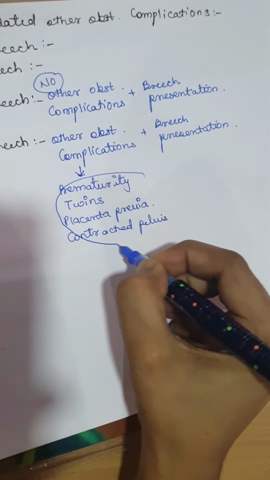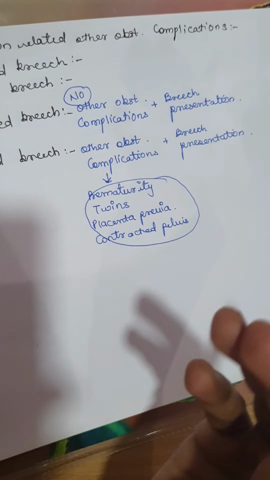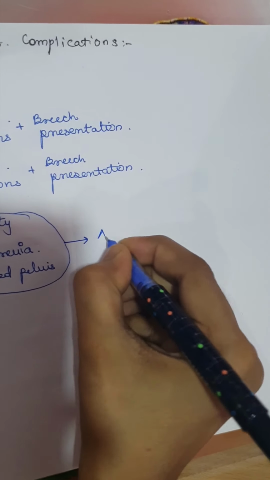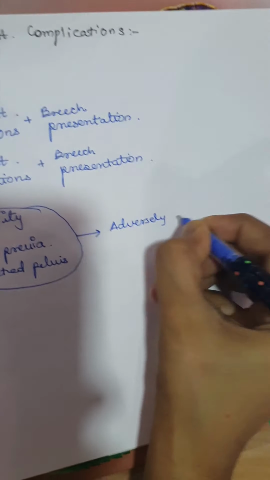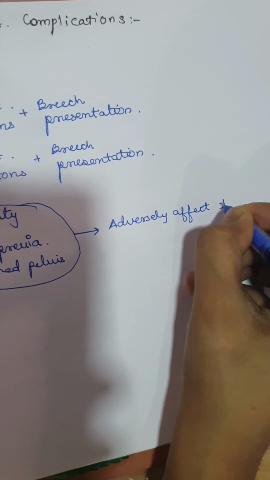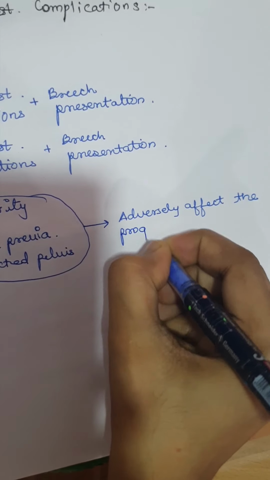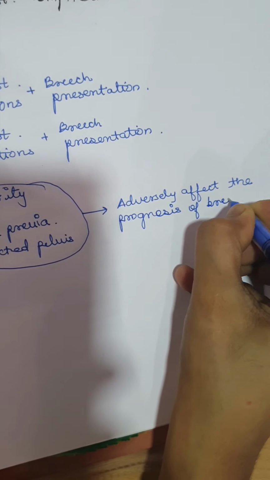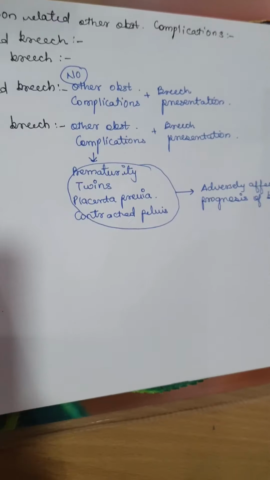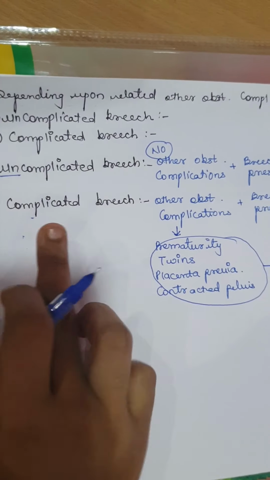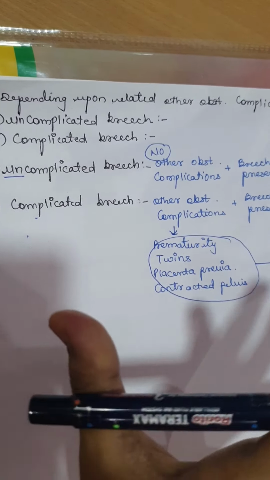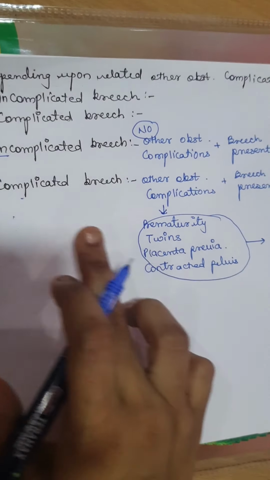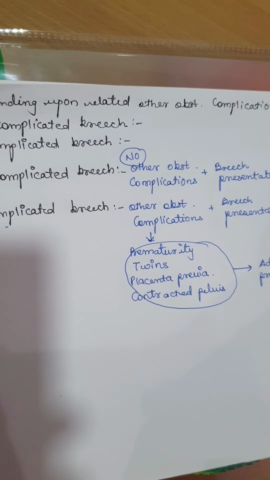Now these obstetric complications adversely affect the prognosis of breech delivery. Hence it is called the complicated. So the breech delivery or the whole course of the pregnancy will be complicated, hence it is called a complicated breech.